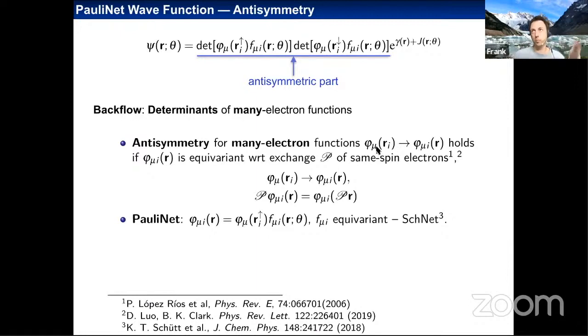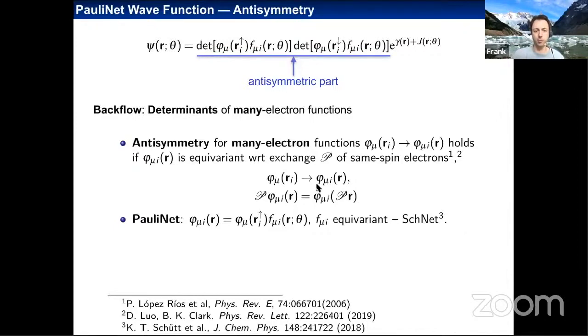Essentially, there's a wide range of choices we could use here for the backflow. One restriction that we have to obey is that the function must be equivariant with respect to exchange of same spin electrons. So whatever function we learn here, it has to be such that if we exchange two same spin electrons at the input, the corresponding outputs also have to exchange.